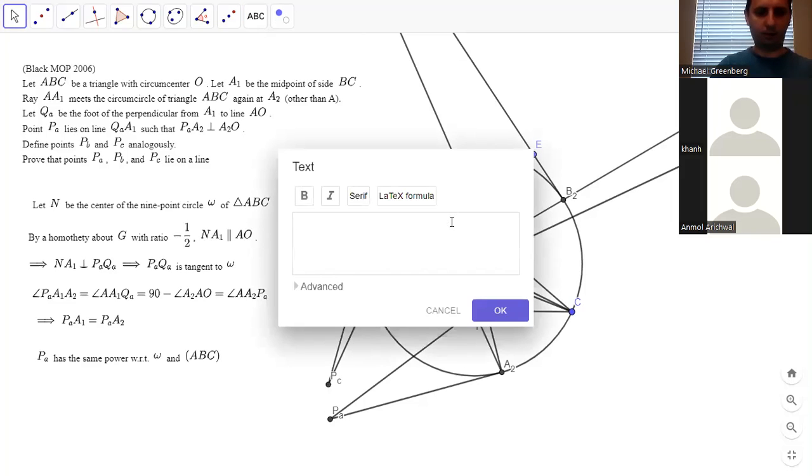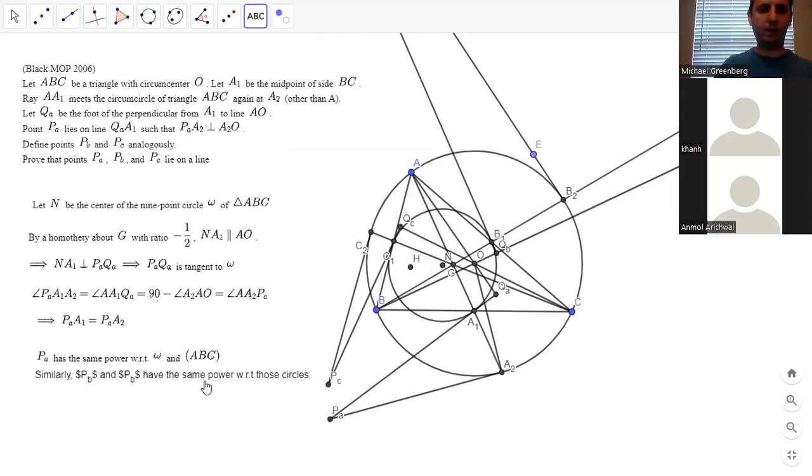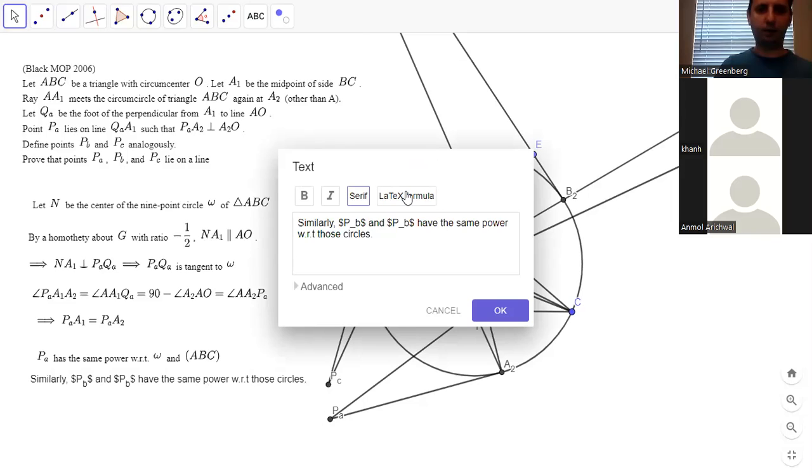And then similarly, PB and PC have the same power with respect to those circles. So PA, PB, and PC are collinear on the radical axis of those circles.